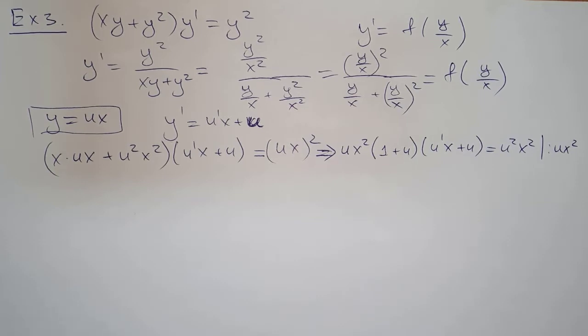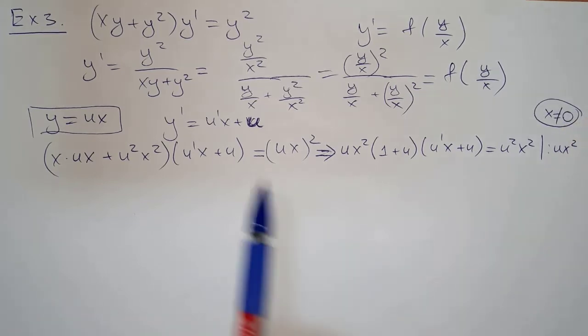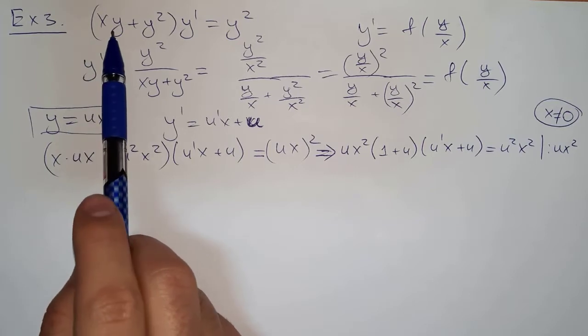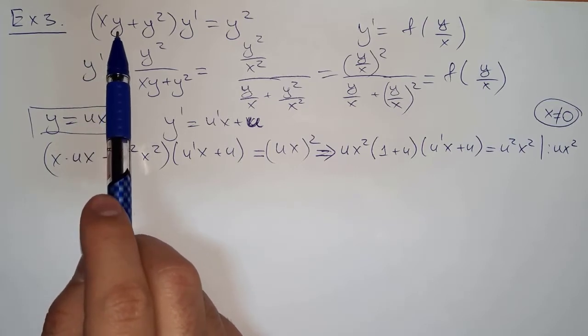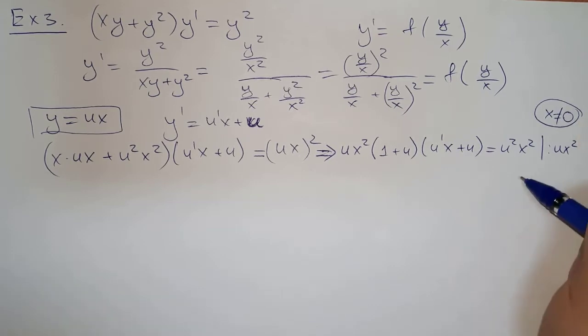Here we need to check. x is not equal to 0, because if x is 0 here, it does not satisfy our equation. So x equals 0 is not our solution, but we need to check u is 0.